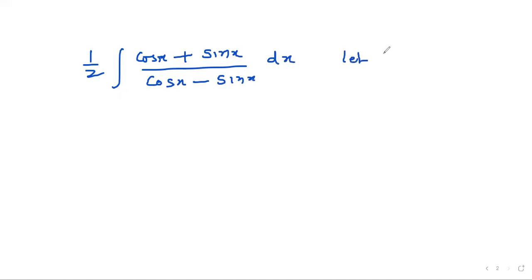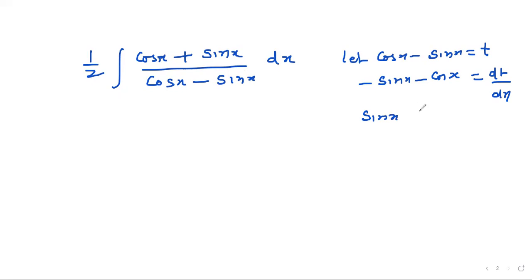Let cos x minus sin x equal to t, we differentiate it, minus sin x minus cos x equal to dt upon dx, or (sin x plus cos x) dx equal to minus dt.